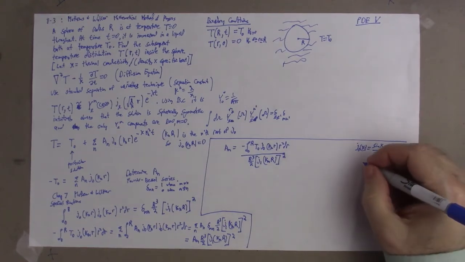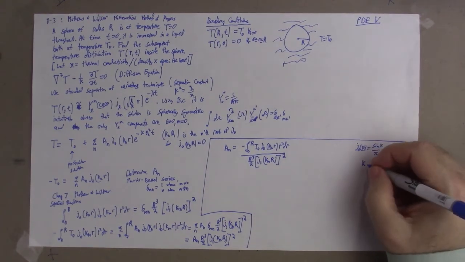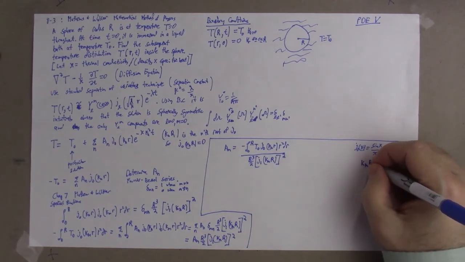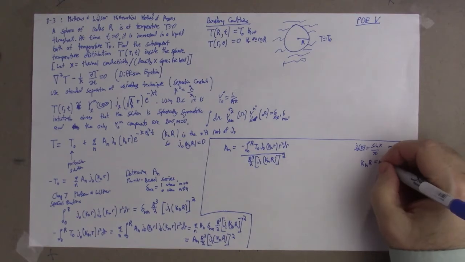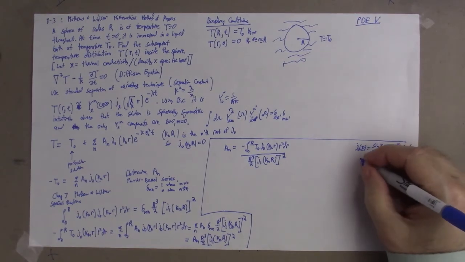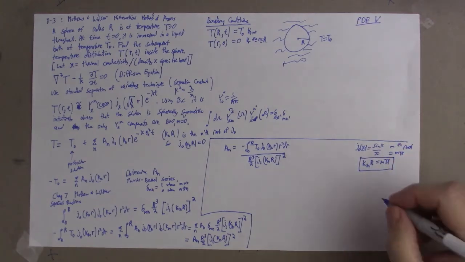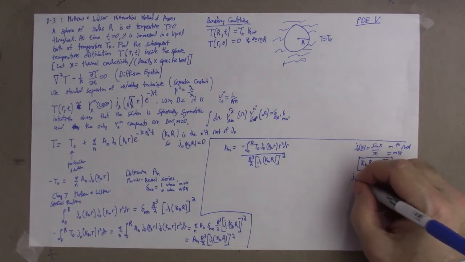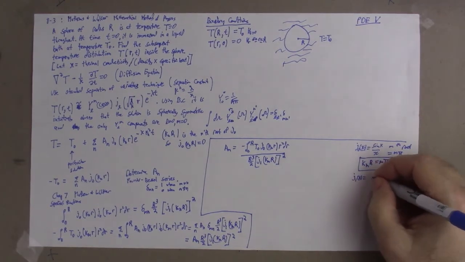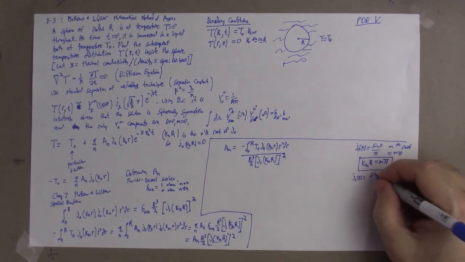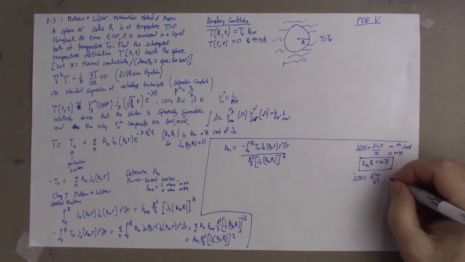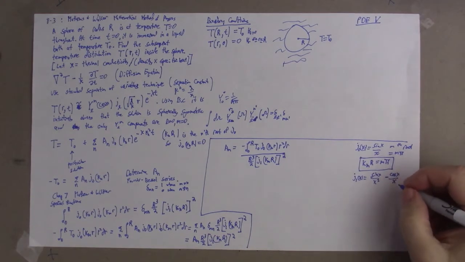So this implies that kmR is equal to m pi. I'm going to use this a lot. Also, J1 x is equal to sine x minus cosine x over x.